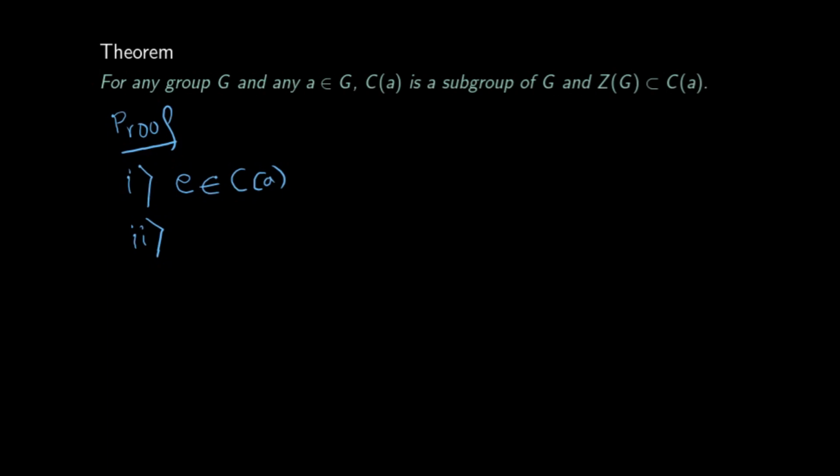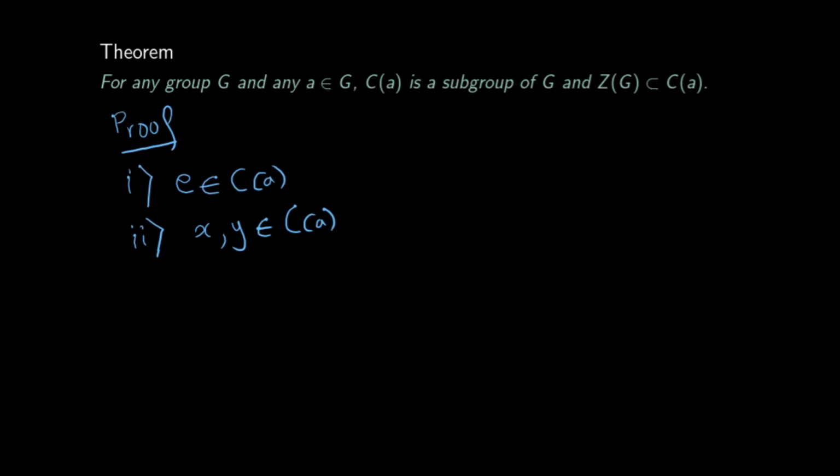Next, if we take any two elements x and y in the centralizer of A, we should prove that xy times A is the same as A times xy. Let us see the argument for this.